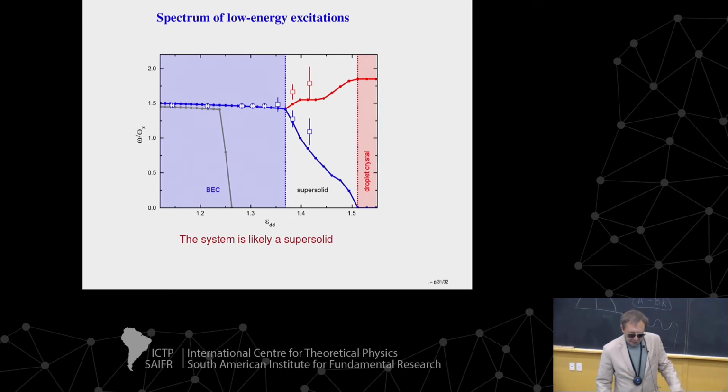So at this point, I would rather raise a question to you. What would you do in order to identify the superfluidity and how it occurs? Who of you are experimentalists? You are. Okay, quite many. So imagine that this experiment is in your hands and you have dysprosium or erbium.